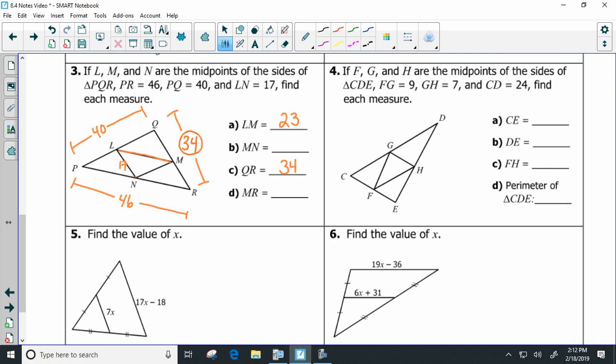The next one is MN. MN is going to be parallel to PQ, and it's going to be half as long as PQ. So if PQ is 40, half of 40 is 20.